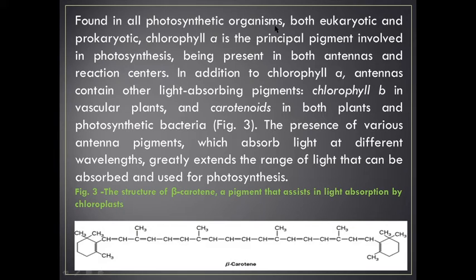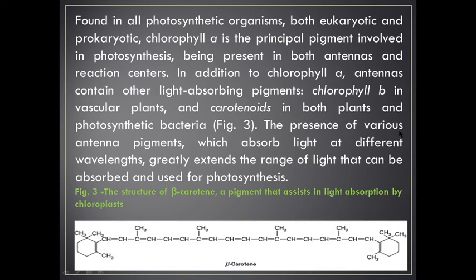Found in all photosynthetic organisms, both eukaryotic and prokaryotic, chlorophyll A is the principal pigment involved in photosynthesis, being present in both antennas and reaction centers. In addition to chlorophyll A, antennas contain other light absorbing pigments: chlorophyll B in vascular plants and carotenoids in both plants and photosynthetic bacteria.